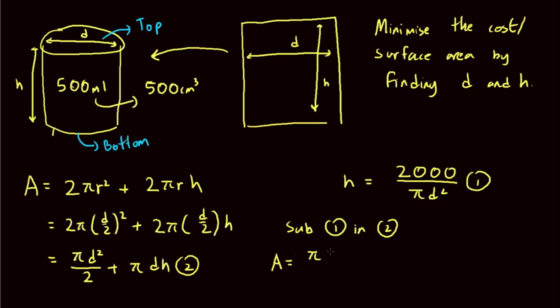pi d square over 2 plus pi d times 2000 over pi d square. Of course, if you substitute it out and simplify this problem, you are left with d.